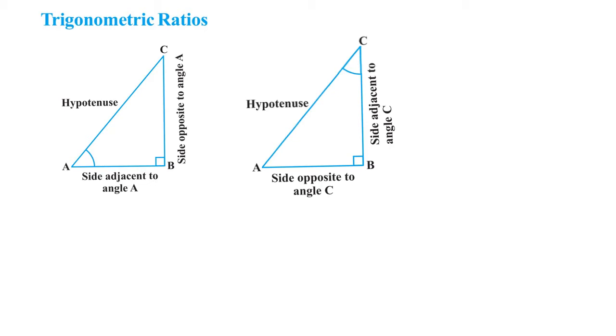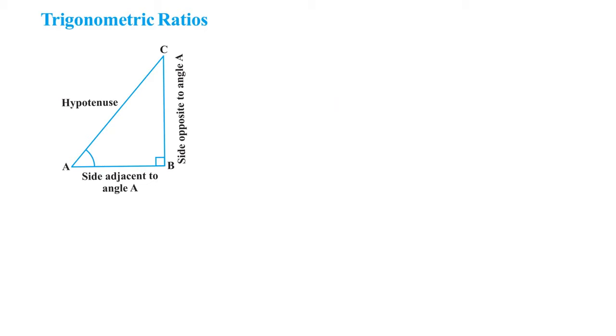So let us see what these trigonometric ratios are. So looking at the triangle ABC, angled at 90 degrees at angle B, taking angle A as the reference angle, AB will be the side adjacent to angle A, BC will be the side opposite to angle A, and AC is the hypotenuse.